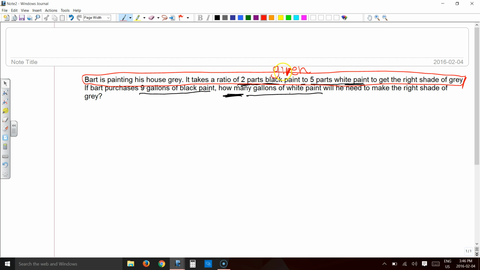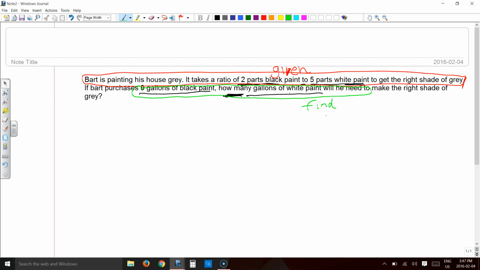And then let's look at the information that we're trying to find. Using the information 9 gallons of black paint, how many gallons of white paint will he need? This is the information that we're trying to find.